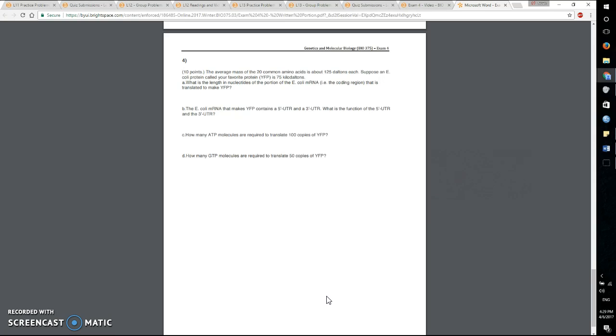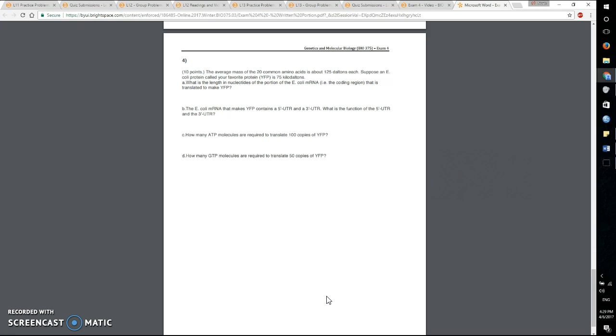It's saying per amino acid is 125 Daltons. So 20 of those is 2,500, or 25 kilodaltons. Suppose the E. coli protein called YFP is 75 kilodaltons. What is the length of nucleotides in the portion of the E. coli mRNA that is translated to make YFP?